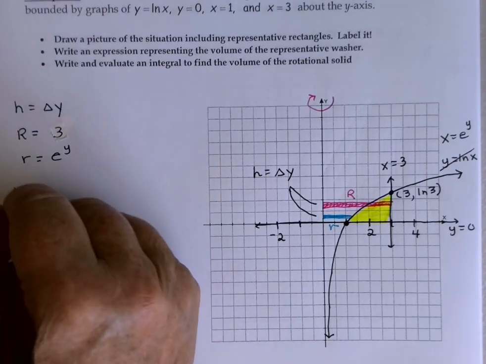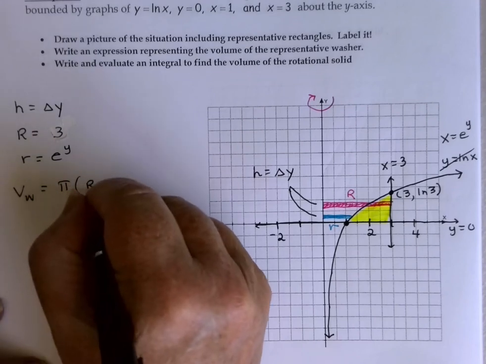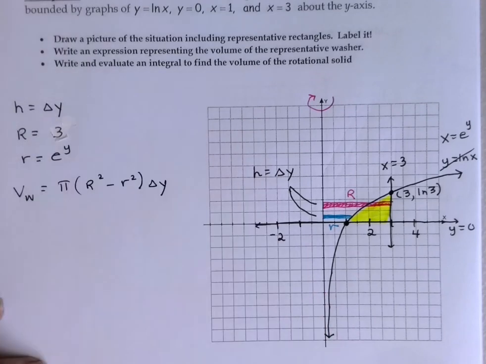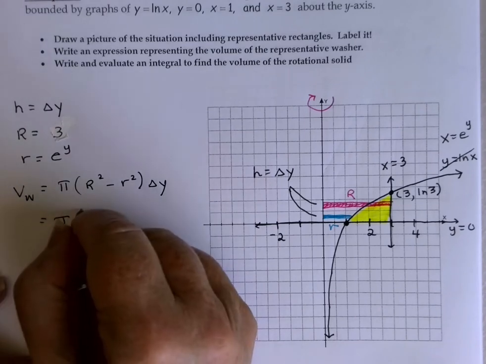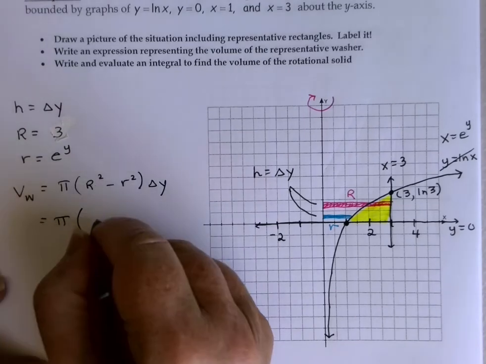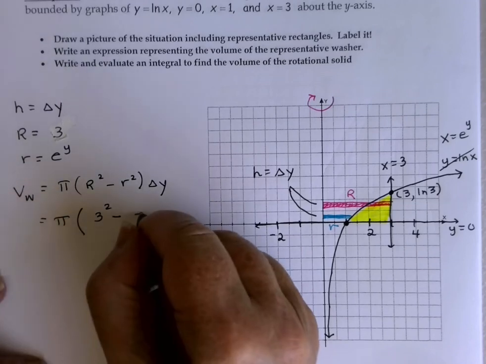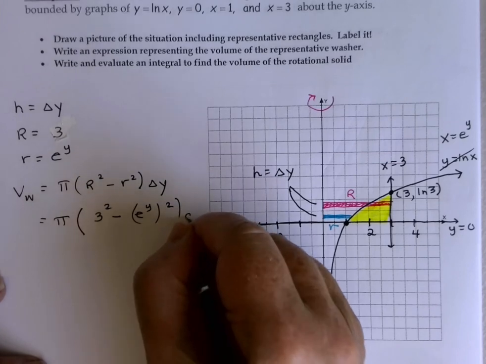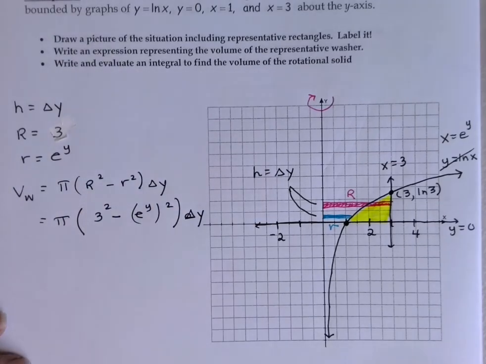And then I'm ready to set up the volume of my washer. All right. So I would have R squared, or 3 squared for the capital R, minus little r is e to the y, square that, times delta y.